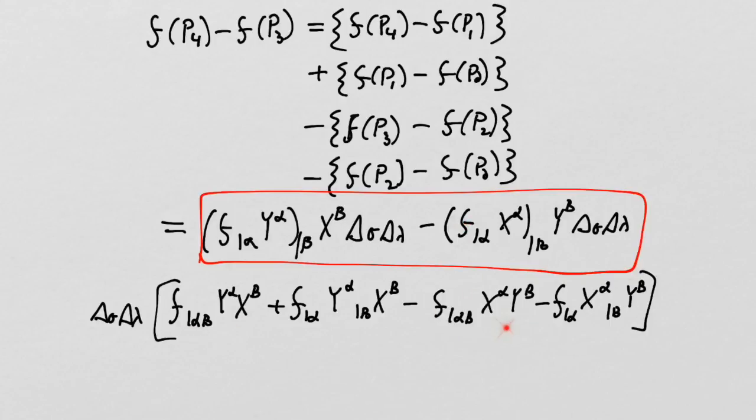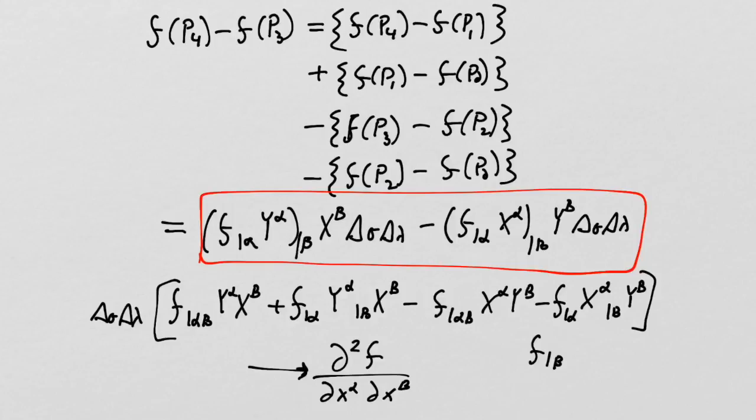But this and this are actually the same, because the second partial derivatives of any function commute. So I can rename the dummy indices to f.